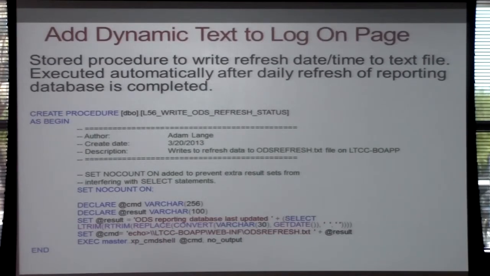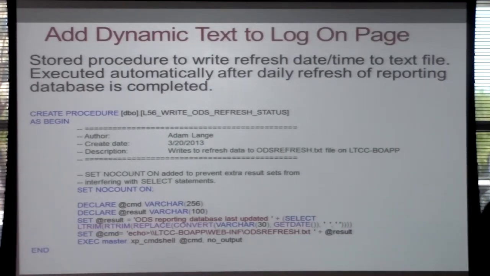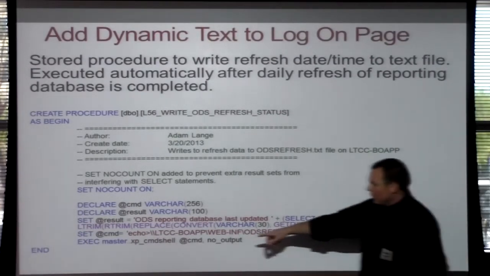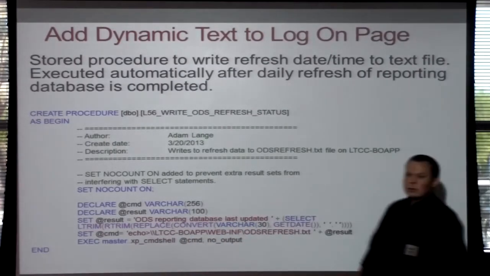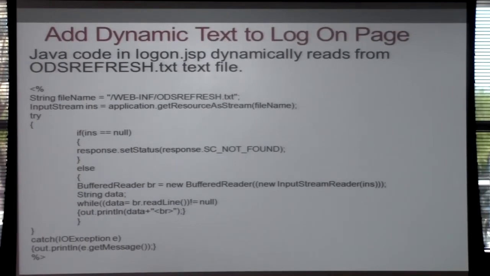That's just a text file on the business object server. Okay, simple text file. Then this is on SQL Server, by the way. There's a little command here, XP command shell, that I use to read and write files using a SQL script. Okay. So that's kind of the first step of this procedure. Calculate the refresh date, push it out into a file. Now you have the business object side.